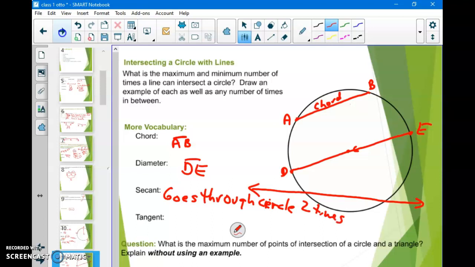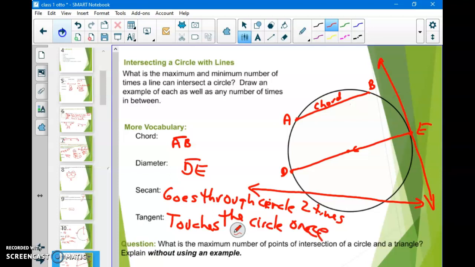A tangent touches the circle once. So if I had a tangent to that circle at letter E, it touches the circle once.